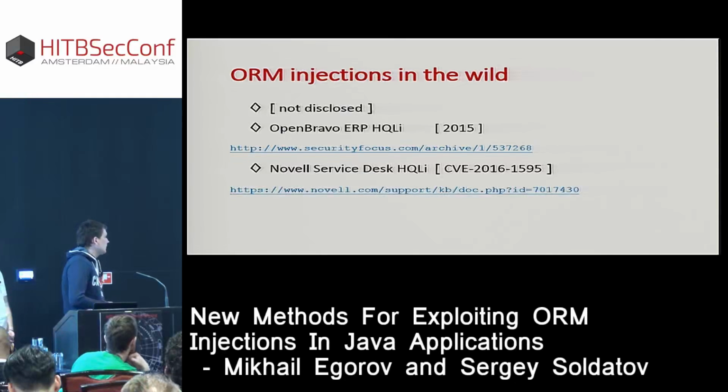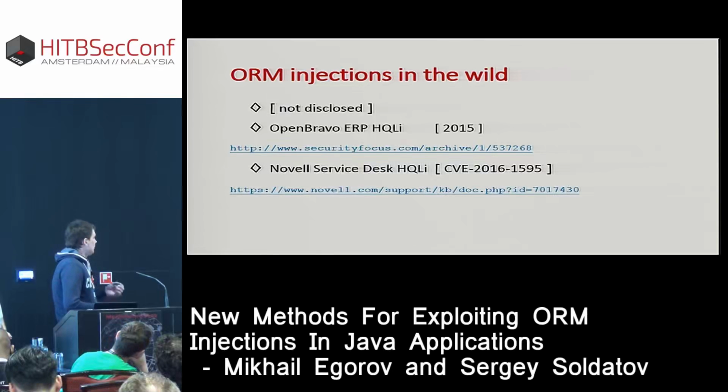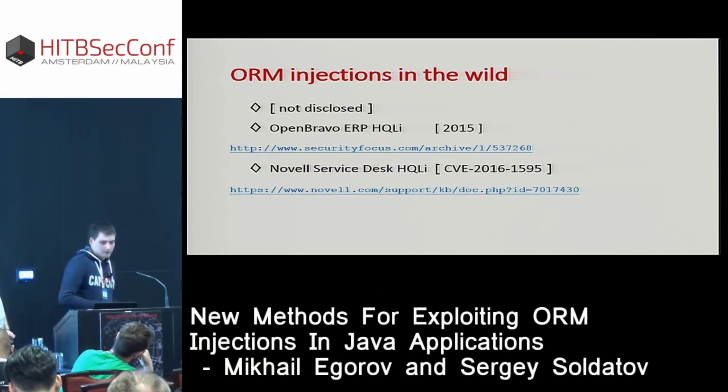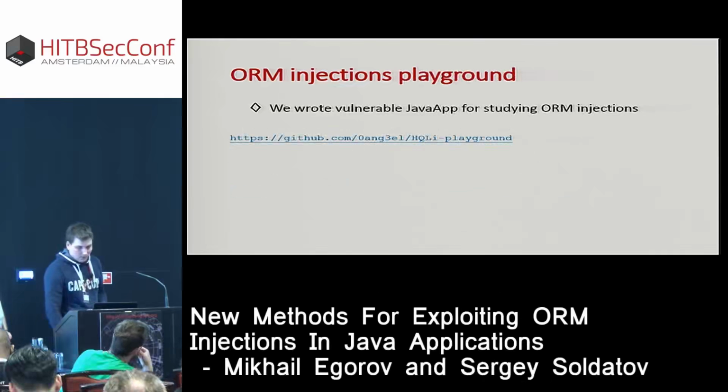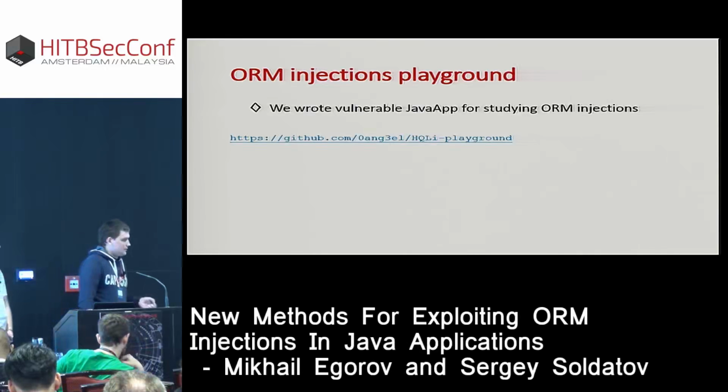The first example is an HQL injection I found myself internally when I performed a security assessment of our products. The next is an HQL injection in the Openbravo ERP system. And the third is an HQL injection in Novell Service Desk software. For studying ORM injections, we developed a vulnerable Java application which is available on GitHub. You can download and play with it.